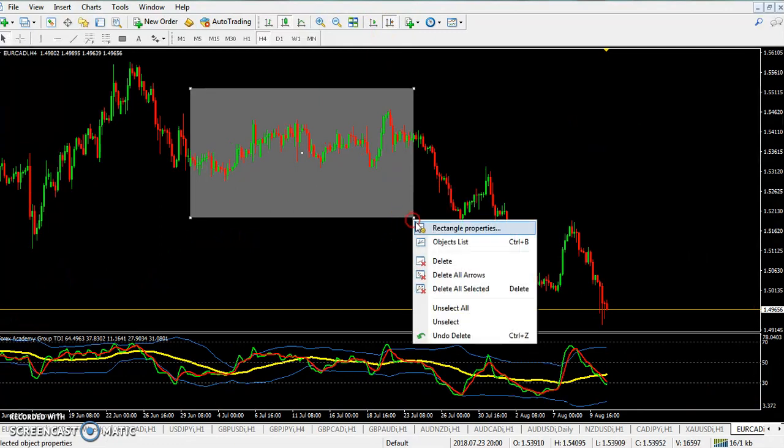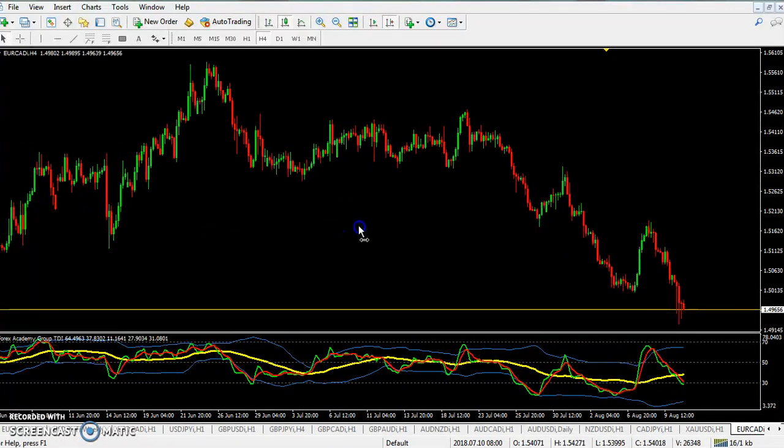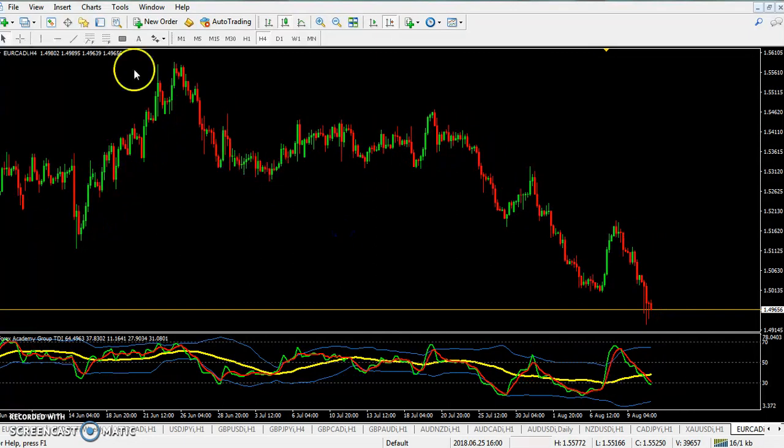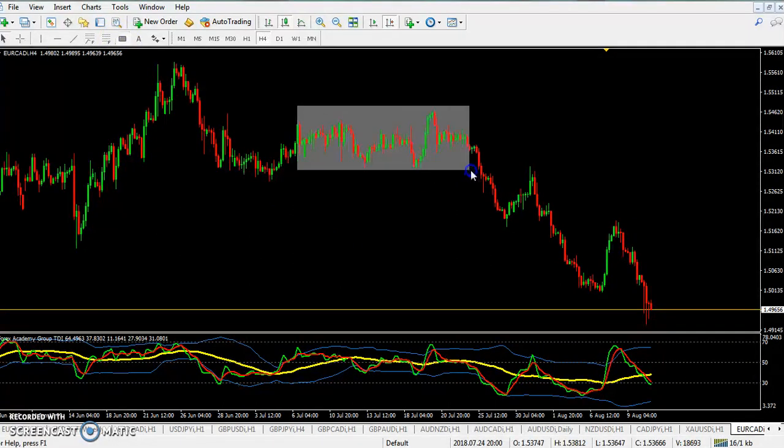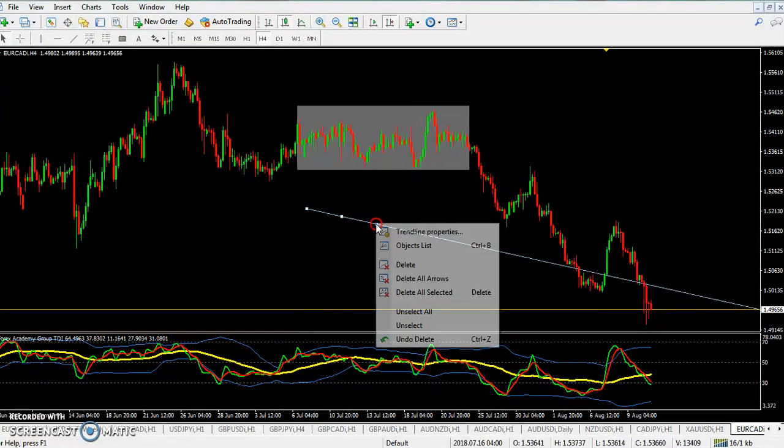In all reality, when I look at this, not really. However, what I want you to keep in mind is, look at that consolidation. Just because there is no trend line doesn't necessarily mean you can't trade it, but you are in a consolidation zone.